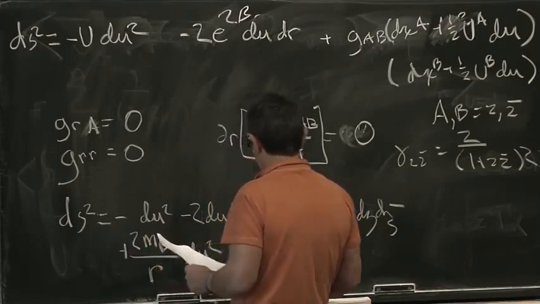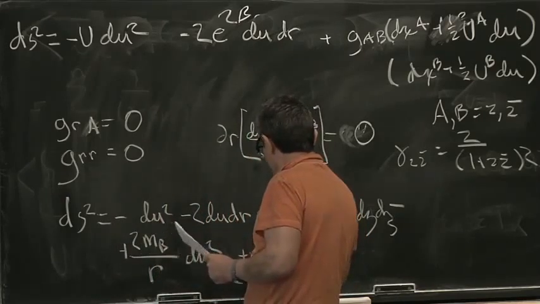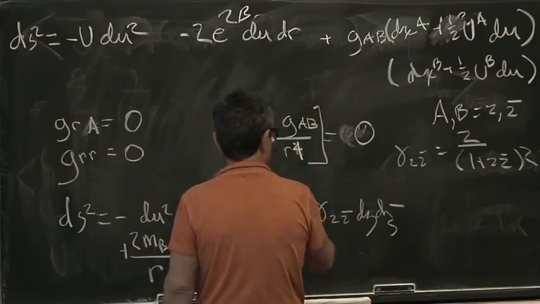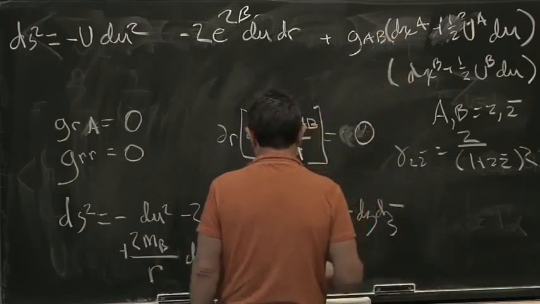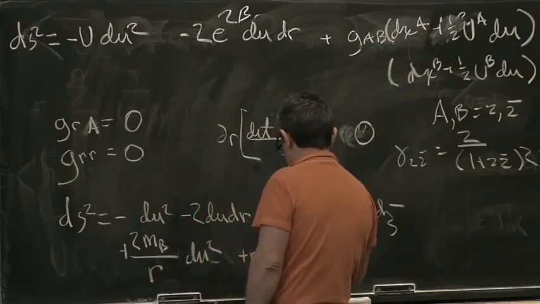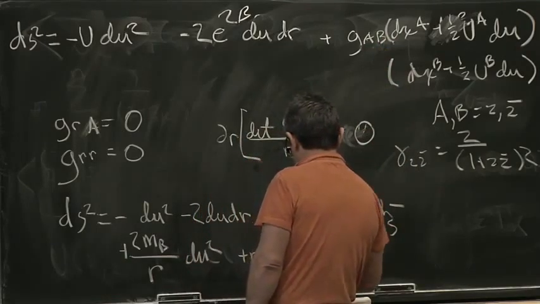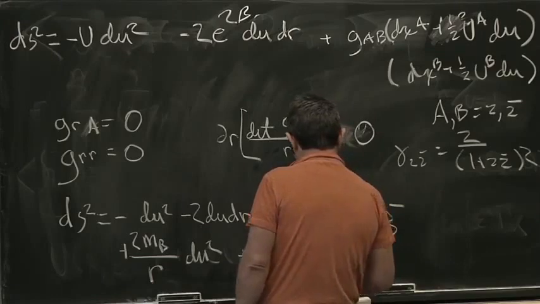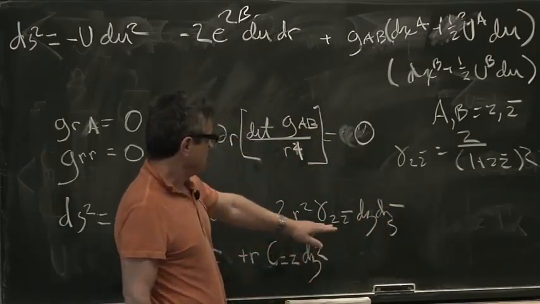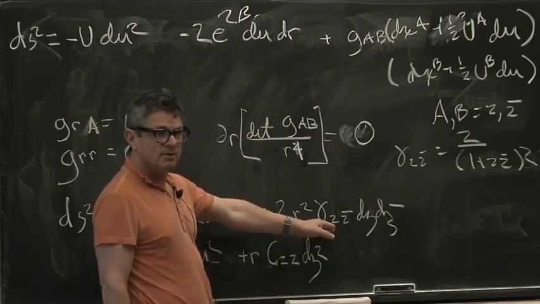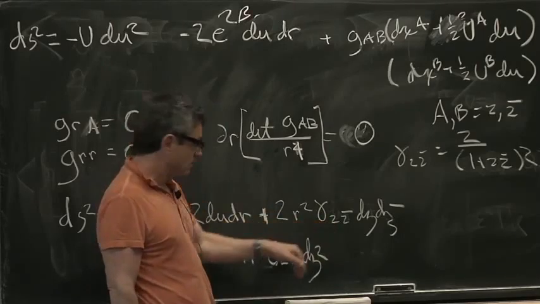And then there's a term that looks like plus r C_zz dz squared. But this affects only the metric on the two-sphere, and it's subleading relative to this term here, because there's only one r.